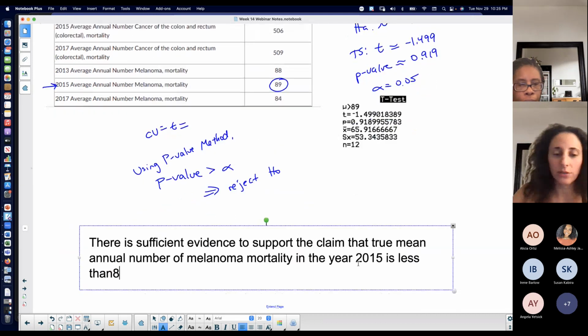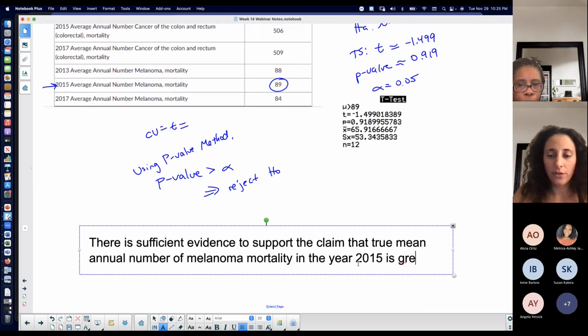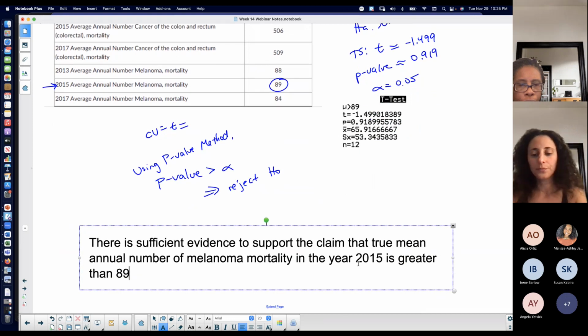Oh no, sorry, mine's a right tail. Greater than.